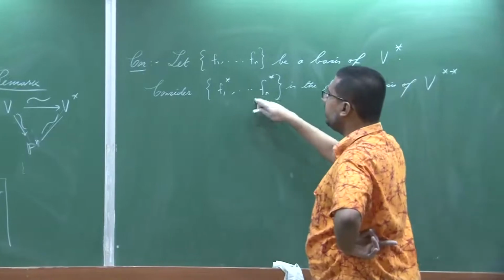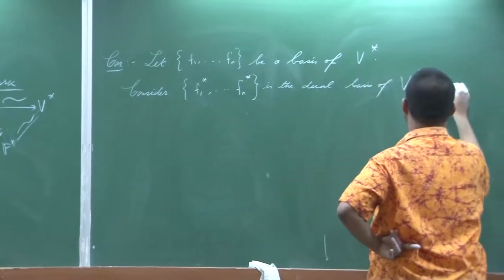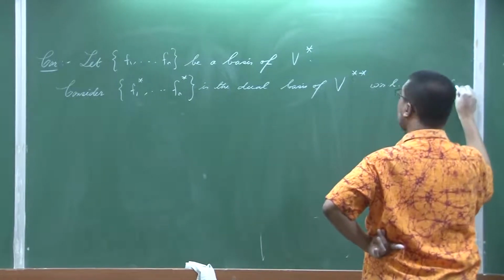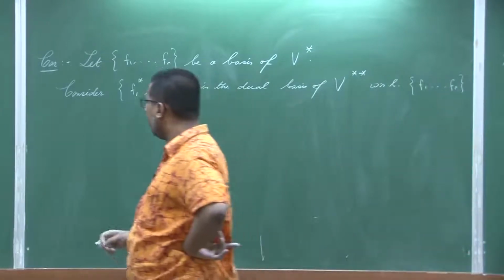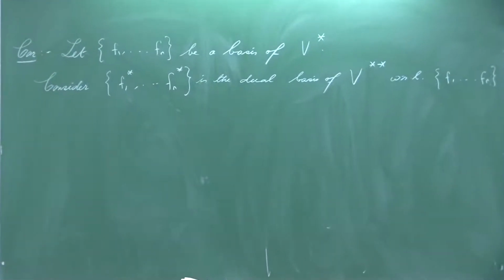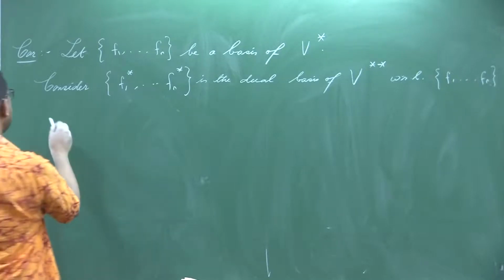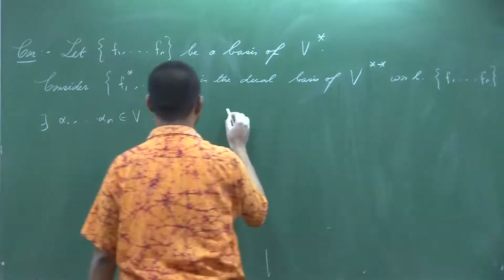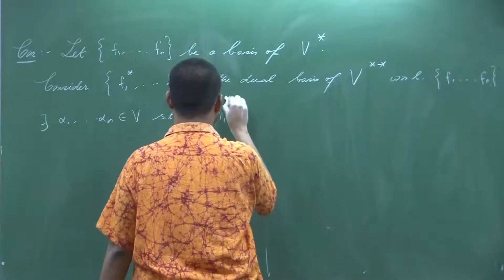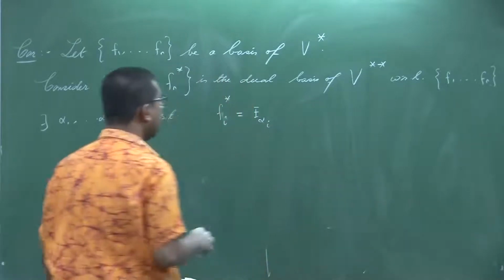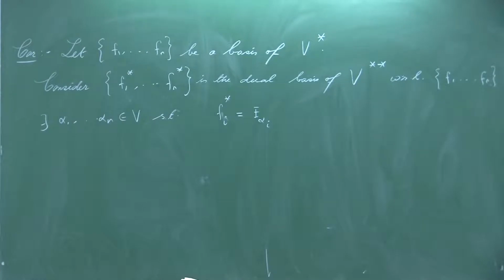So, it is now a basis of V double star, a dual basis with respect to f1 up to fn. Now, what is immediate? F1 star, F2 star, up to Fn star in V double star. So, that means there exist alpha 1 up to alpha n in V such that Fi star is nothing but E alpha i.